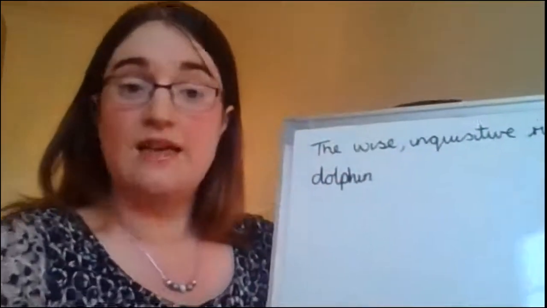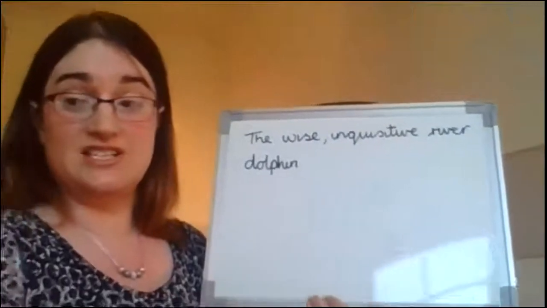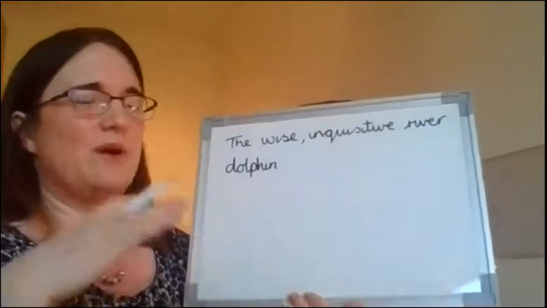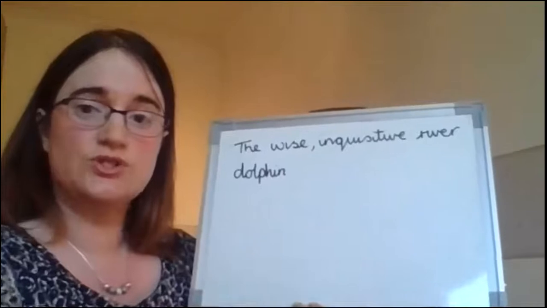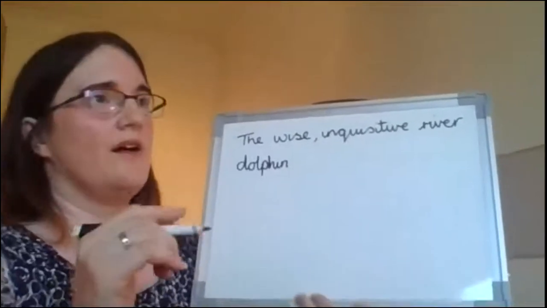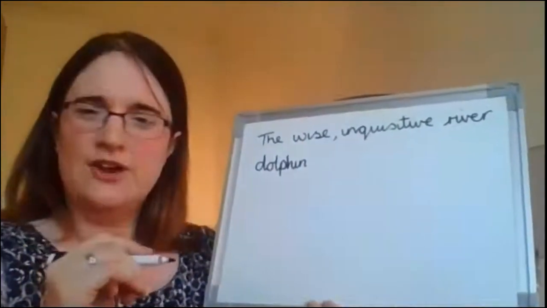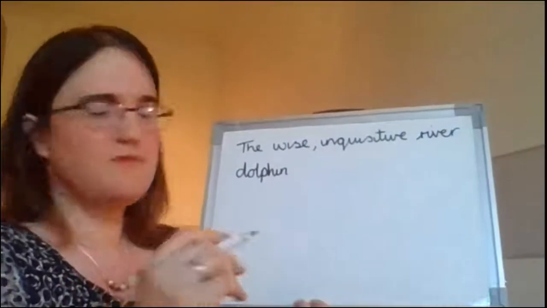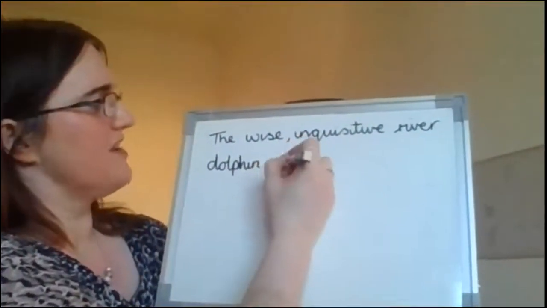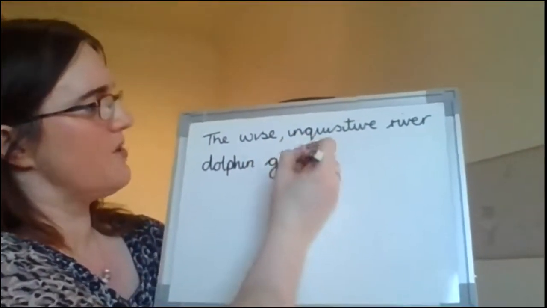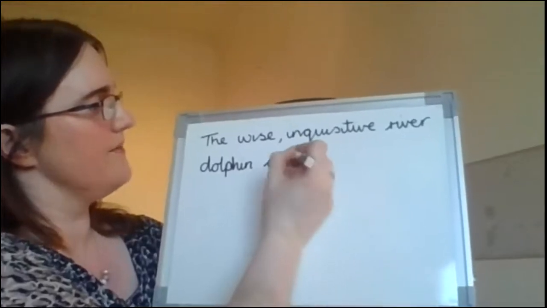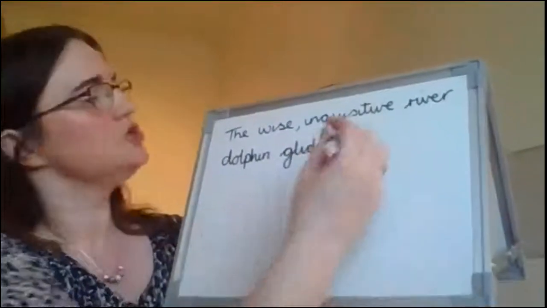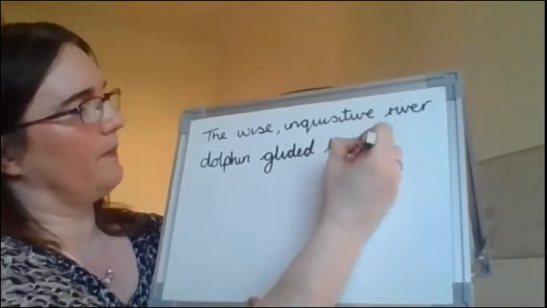I've managed to get in there my expanded noun phrase that we practiced yesterday. Now I need him to be traveling towards the man. Dolphins are really known for their grace, so I'm going to use the word glided, I think. You've got to think about a really good verb to describe the movement of your creature. So glided towards the man.